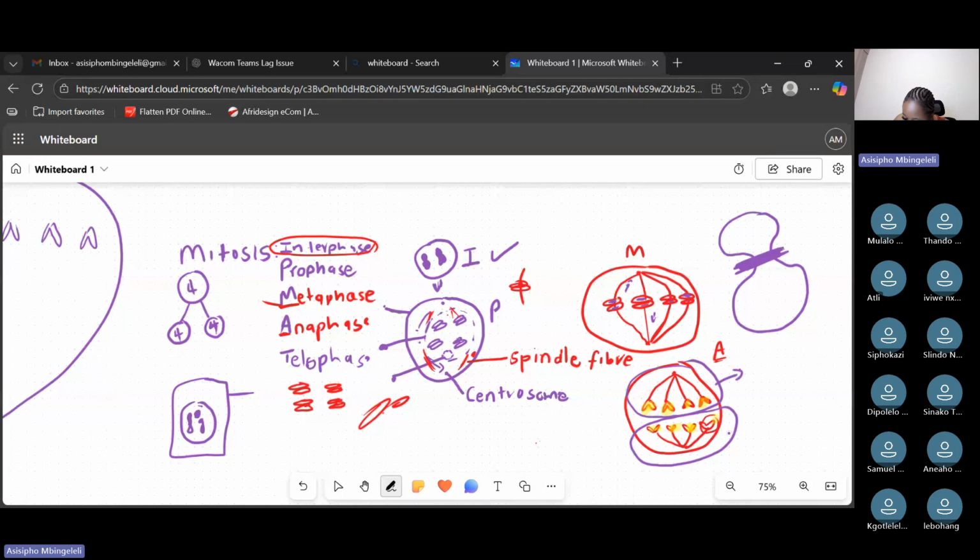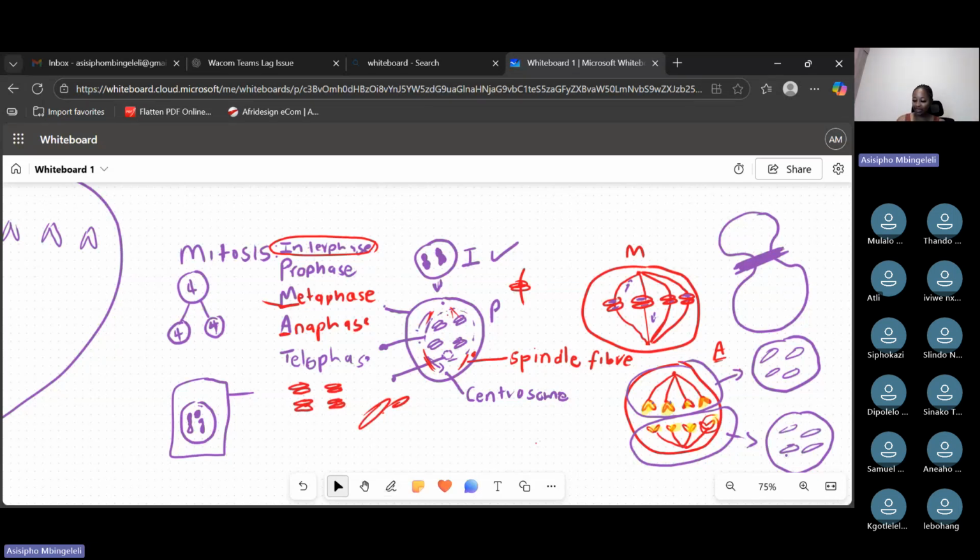And in this cell, let's look at how many chromosomes we will have. 1, 2, 3, 4. We draw them. 1, 2, 3, 4. Same with this cell. 1, 2, 3, 4.